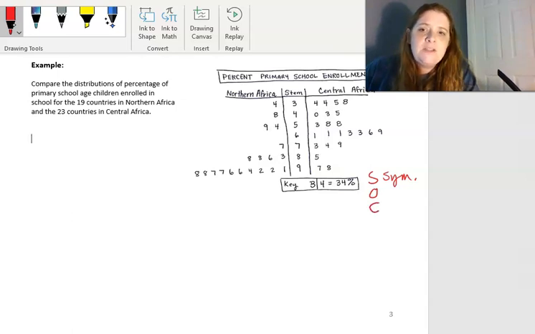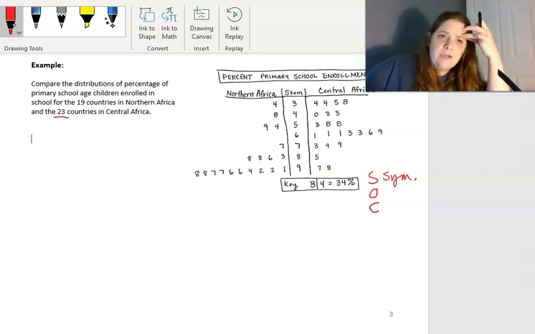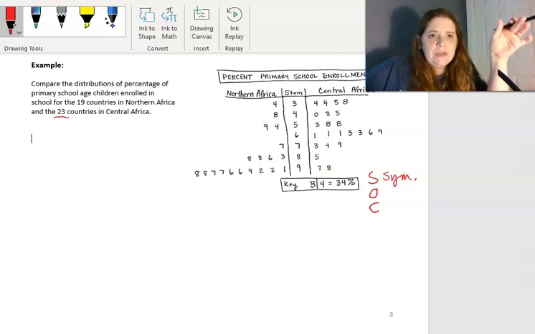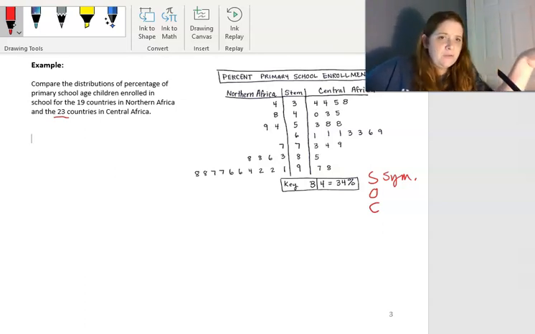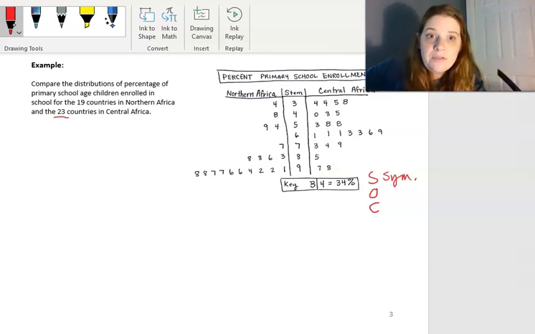As far as the center goes, it says that there are 23 countries in Central Africa that they measured. So 23, that'd be 11 on the left, 11 on the right, and 1 in the middle. The half of 23 is 11 and a half. So I need to find the 12th number. So I'm going to go 1, 2, 3, 4, 5, 6, 7, 8, 9, 10, 11, 12.